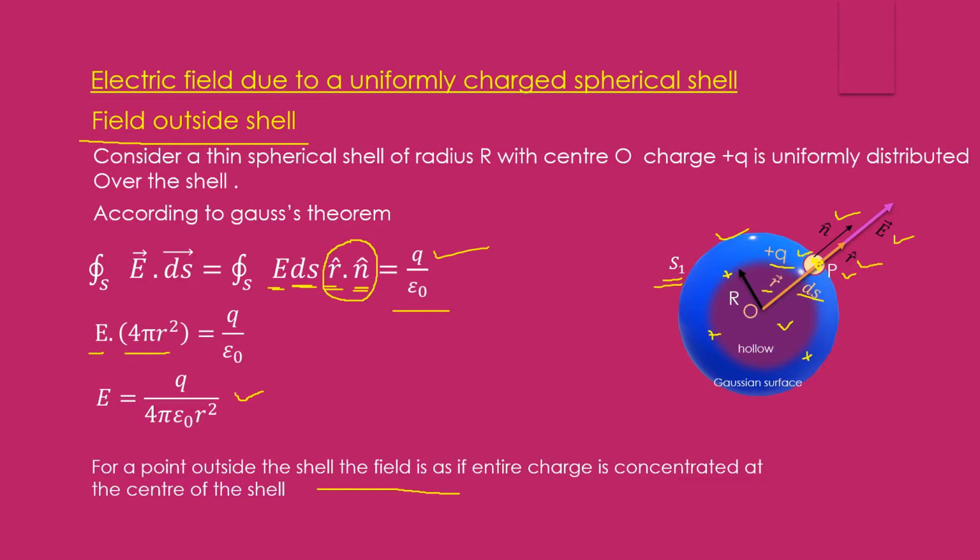Next is at a point on the surface of the shell. So we have found the electric field at a point outside the shell. E is equal to Q upon 4 pi epsilon naught r square. Now if observation point lies on the surface, then r becomes equal to capital R. So put r equal to capital R, we will get E equal to Q upon 4 pi epsilon naught R square.